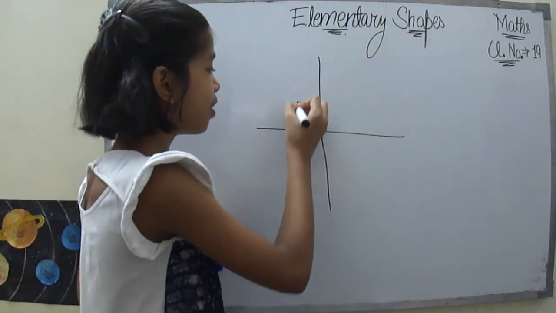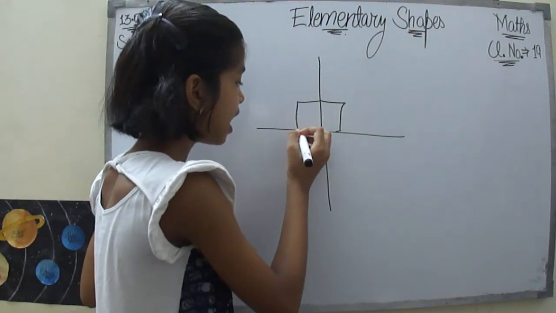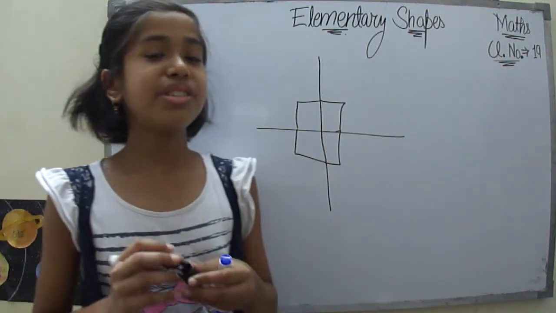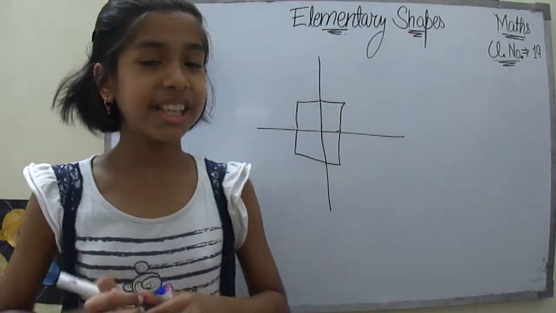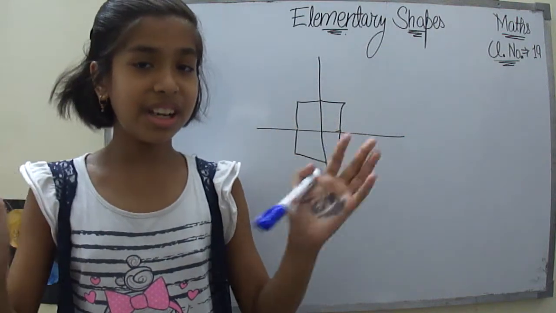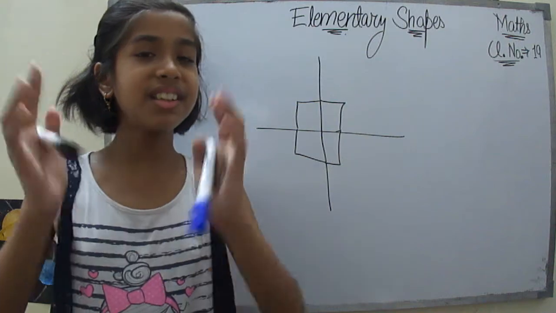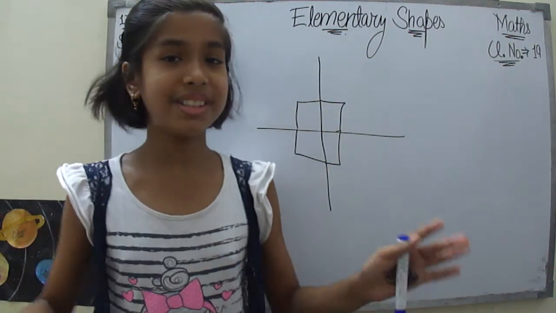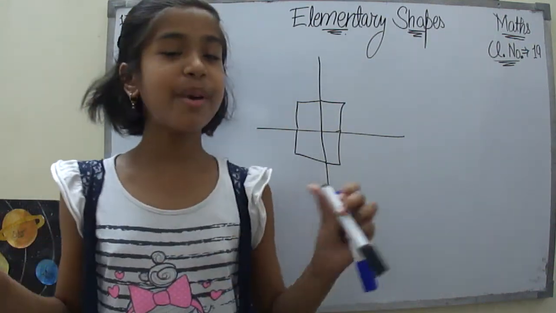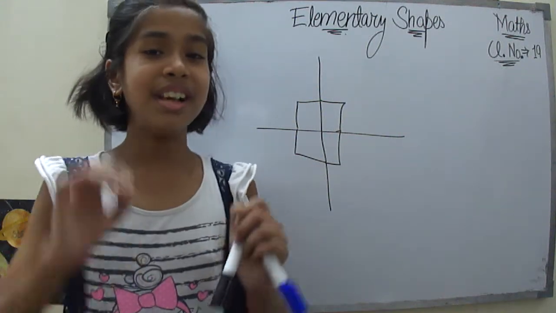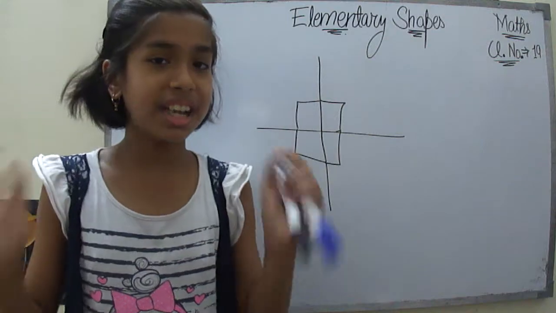It makes four 90 degree angles, like this, like this. So there are basically four 90 degree angles when two perpendicular lines are there, and when one perpendicular line is there, then there are two 90 degree angles. Very simple. Now I think that the perpendicular line is clear. Just the 90 degree angle, two lines intersecting at a 90 degree angle.